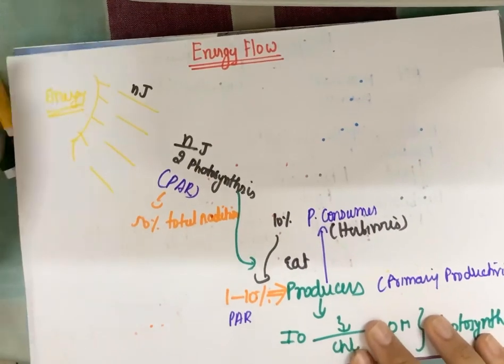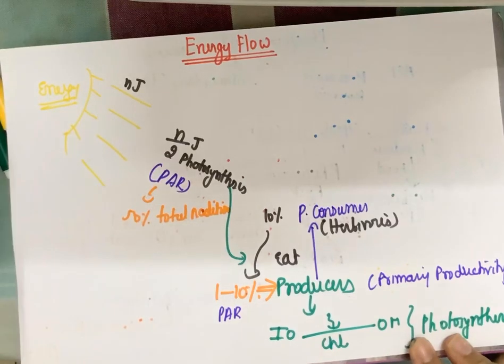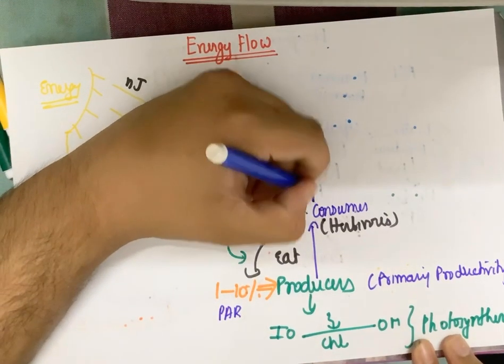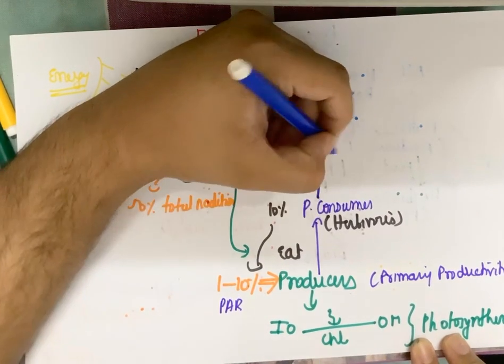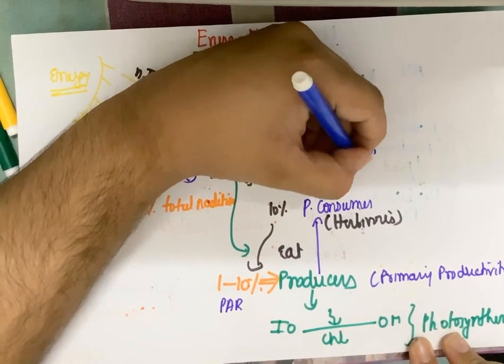Fine. Now the herbivore will be eaten by a carnivore. The carnivore, if we assume maybe a small carnivore first, is called the secondary consumer. So from the primary consumer, they will eat it, and we will go to the secondary consumer, which is the small carnivores.